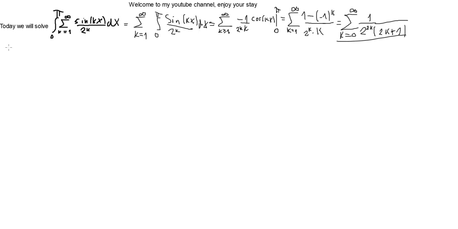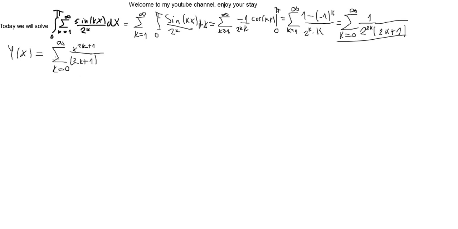So what's the idea? We will consider a function phi of x, the sum going from k equals 0 to infinity of x to the 2k plus 1 over 2k plus 1. Why did we choose this sum?